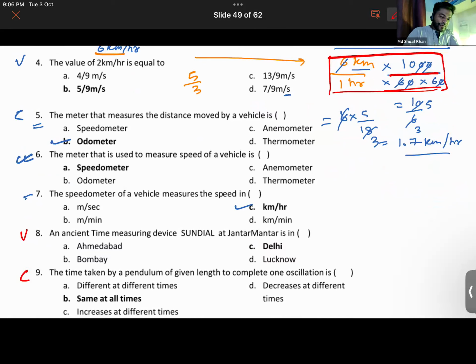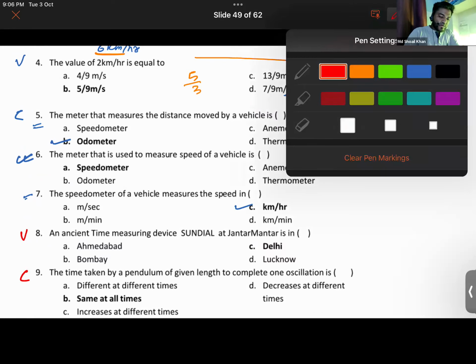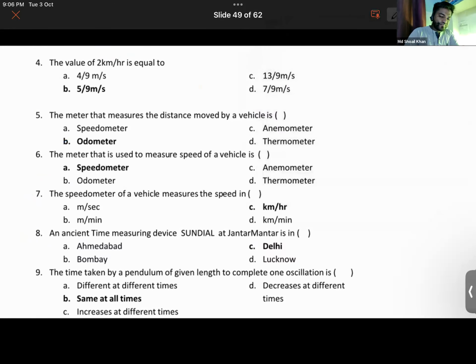Sundus, coming back to you. Have you solved the question? Yes, Sundus. I'm solving it. You know which formula has to be used here?